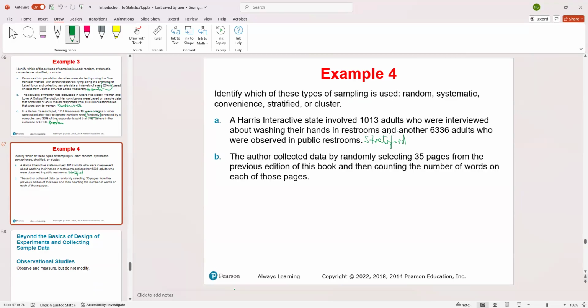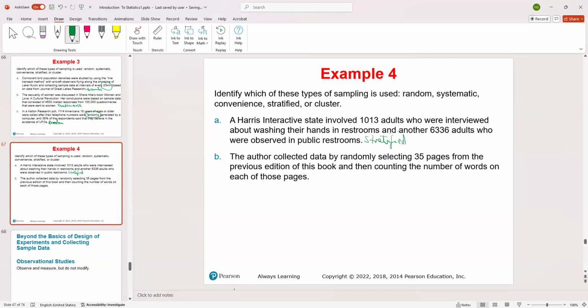The author collects data by randomly selecting 35 pages from the previous edition of this book and then counting the number of words on each of these pages.